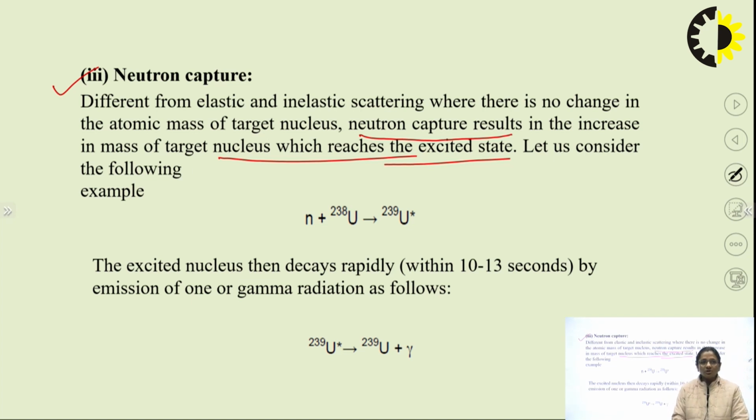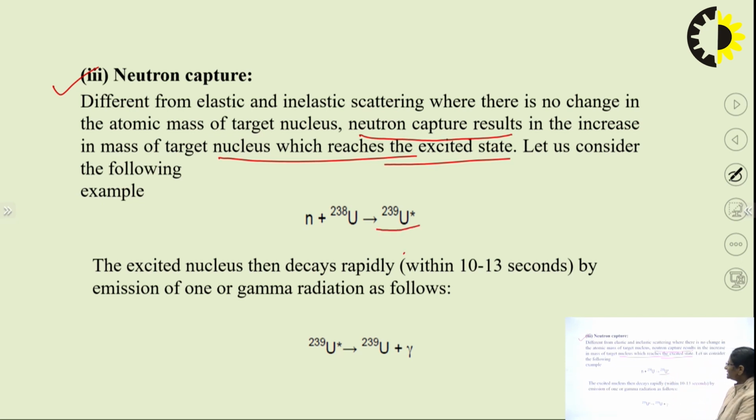But neutron capture is different in that it results in an increment in the mass of the target nucleus, which reaches the excited state. This change is also accompanied by a change in the state of the nucleus.